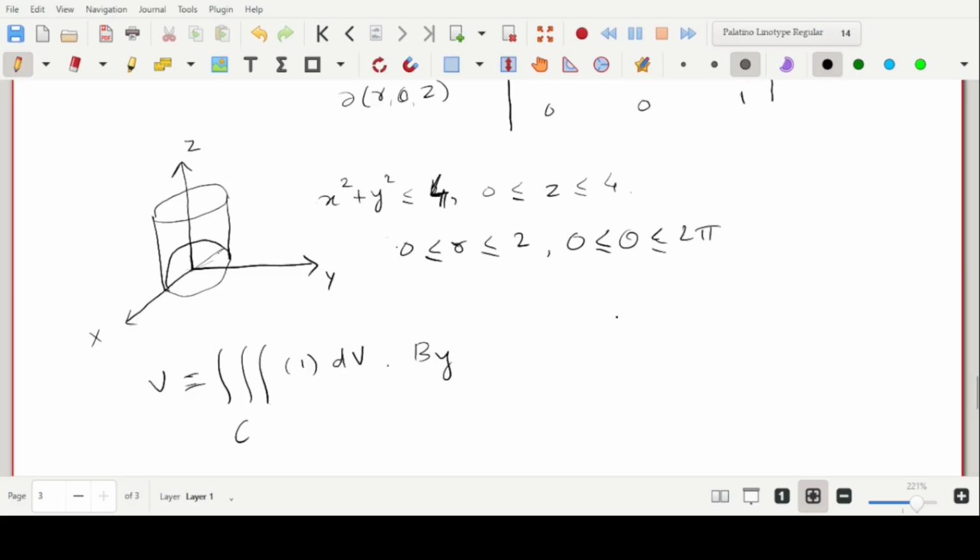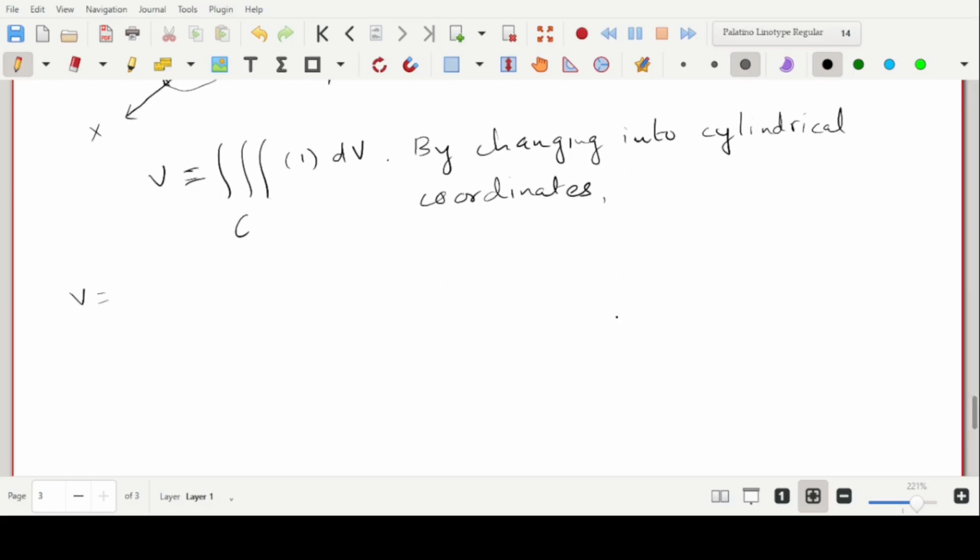So by changing into cylindrical coordinates, V is equal to the integral where r is varying from 0 to 2, theta is varying from 0 to 2 pi, and z is varying from 0 to 4, and this is the function 1 multiplied by the Jacobian, which is r, dr d theta dz.